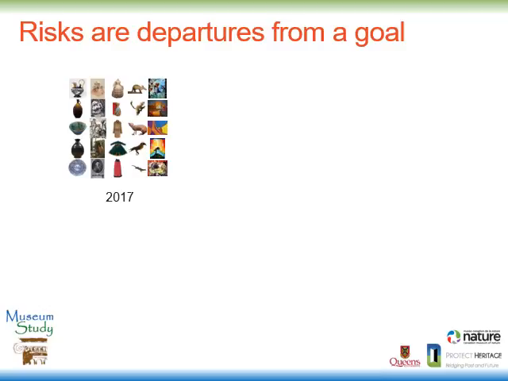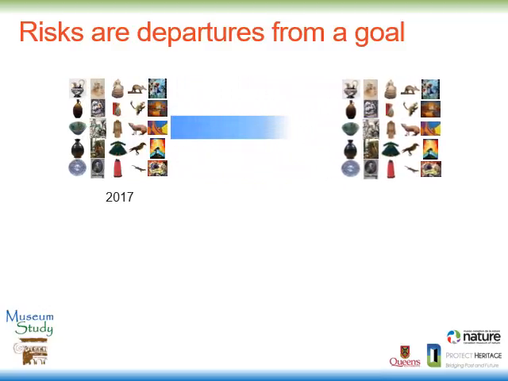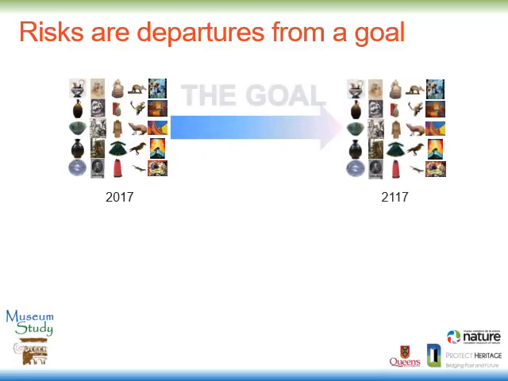I don't have the time to give this very important project all the attention to planning that it deserves. So I'm going to start next year in 2017, but starting from 2017 I want to carry this collection forward in time by 100 years with minimum or ideally no damage or loss, and that is the goal.